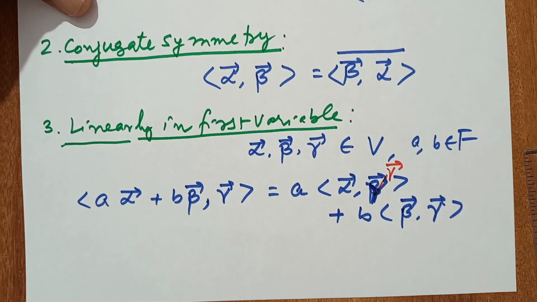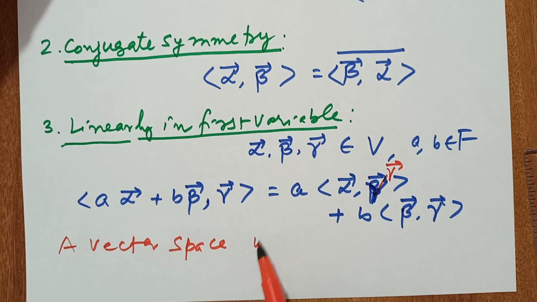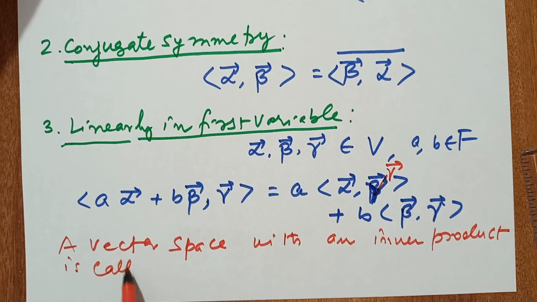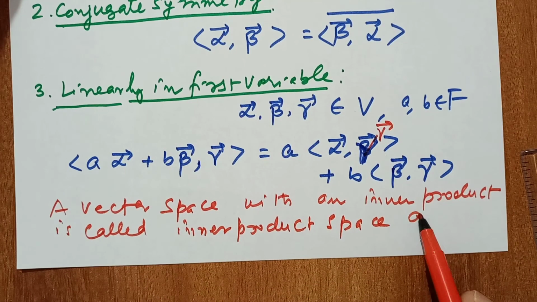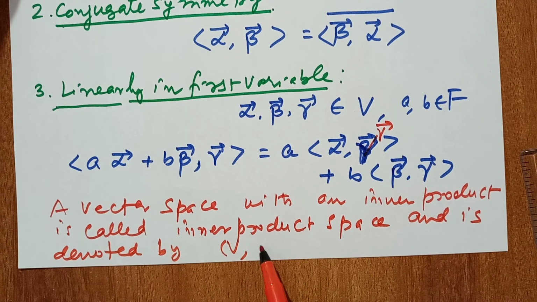So this is important: a vector space with an inner product is called an inner product space, and is denoted by V with the inner product.